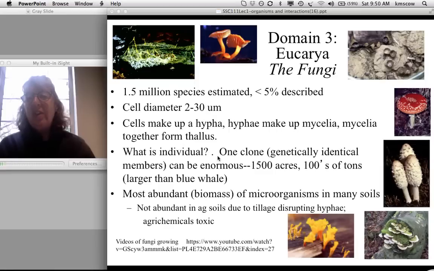Okay, so with fungi we have this problem of what is an individual. We talked about that in class a little bit. When you do your Petri plates, enriching for fungi, you're going to find a bunch of colonies, and does each colony come from a separate individual organism? Probably not.